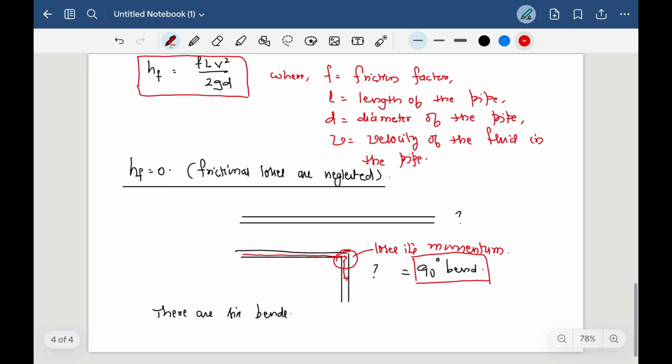When there is a loss in the momentum and an additional expense of energy to overcome this, to maintain the flow rate, then these losses are called losses due to geometry of the pipeline. Bends, 90-degree bend, 45-degree bend, 30-degree bend. Bends can be of any shape.